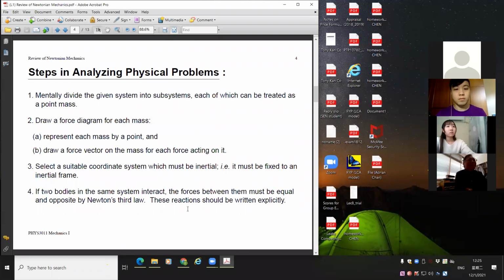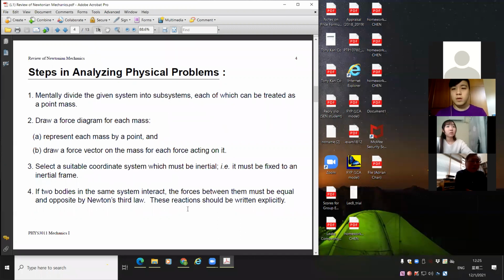There are some basic steps in analyzing physical problems when we study Newtonian mechanics. First of all, mentally divide the given system into subsystems, each of which can be treated as a point mass.